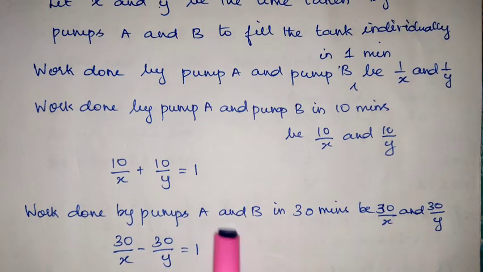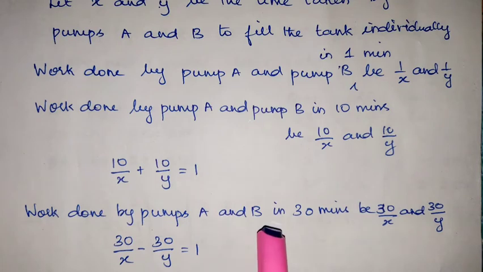But when you write the equation, it is 30 by x minus 30 by y. Why minus? Because pump B is inadvertently working in reverse order. So 30 by x minus 30 by y is equal to 1. What is 1? The work done, that is, the tank is filled. So these are the two equations. Using these two equations, we have to proceed with the problem.